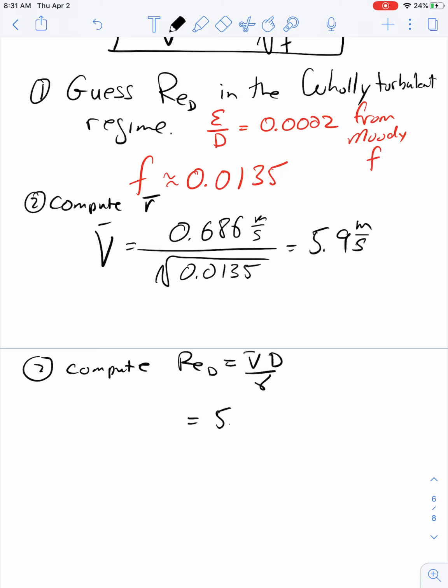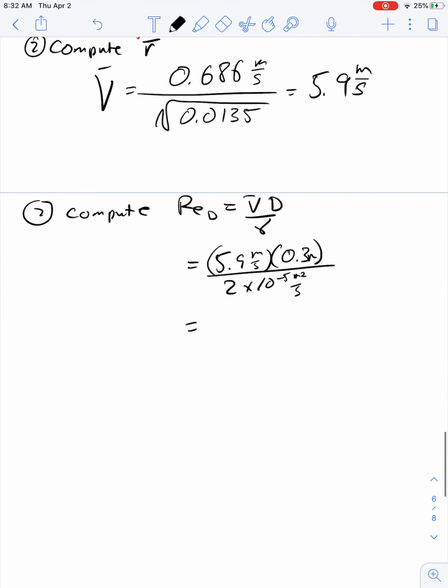So this is going to be 5.9 meters per second times our diameter, which is 0.3 meters, divided by our viscosity, which we were told for this oil is 2 times 10 to the negative fifth meters squared per second.